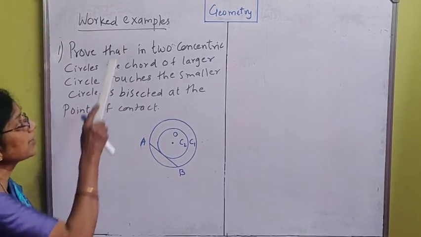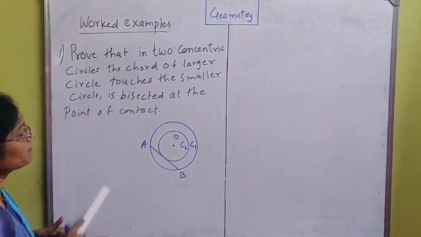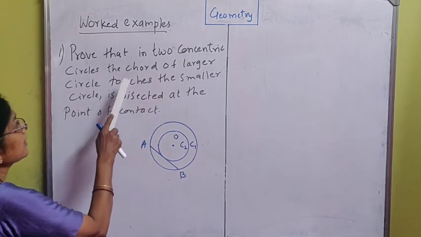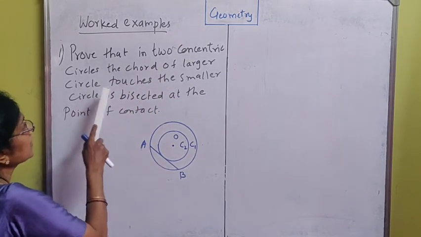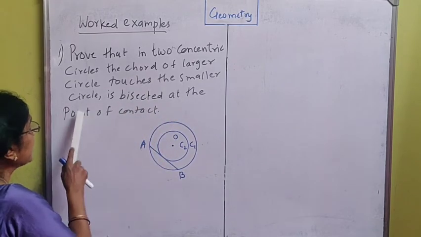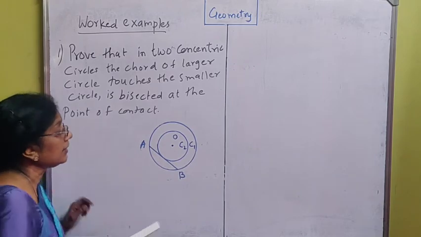Now let us see the worked example based on theorem 4.2. See what is the first example given. Prove that in two concentric circles, the chord of the longer circle touching the smaller circle is bisected at the point of contact. So you can see I have drawn the circles.